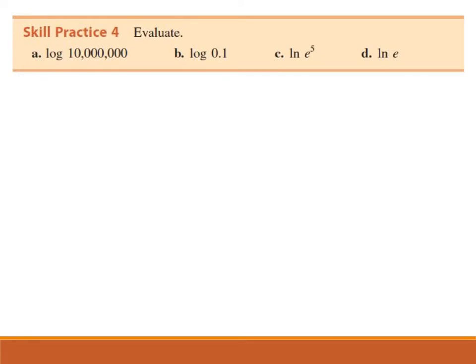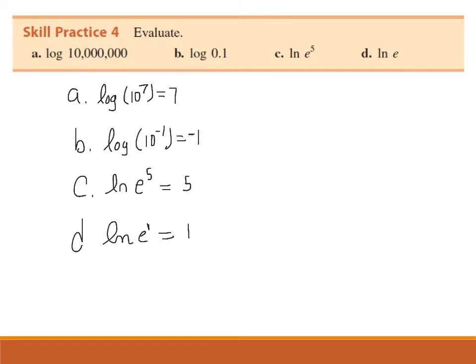Now it's your turn. You're going to evaluate the following expressions, both for the common log and for the natural log. So here are the answers for each one of the expressions above.